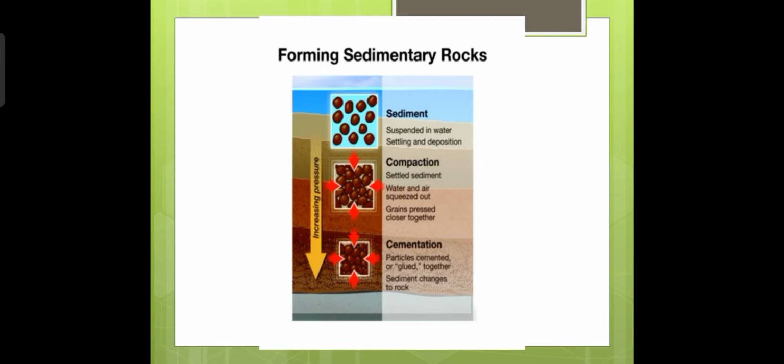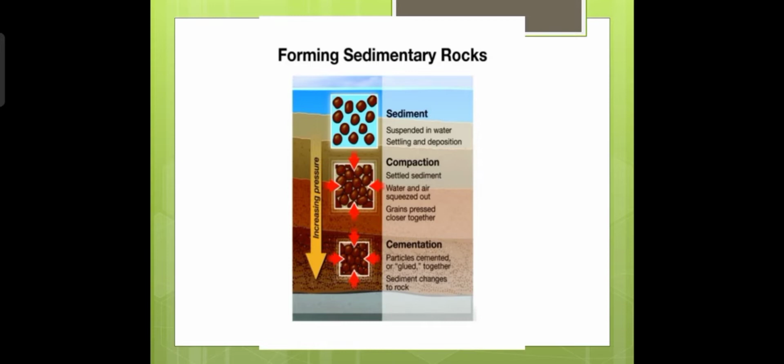Sediment can consist of rock and minerals, as well as the remains of plants and animals. It can be as small as a grain of sand or as large as a boulder. Sediments move from one place to another through the process of erosion.